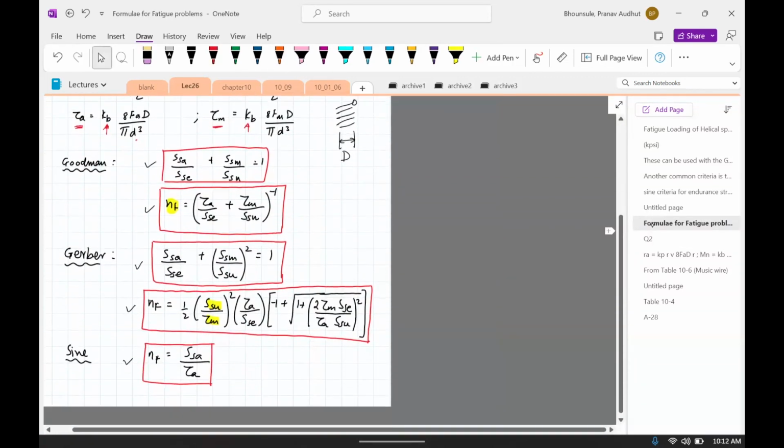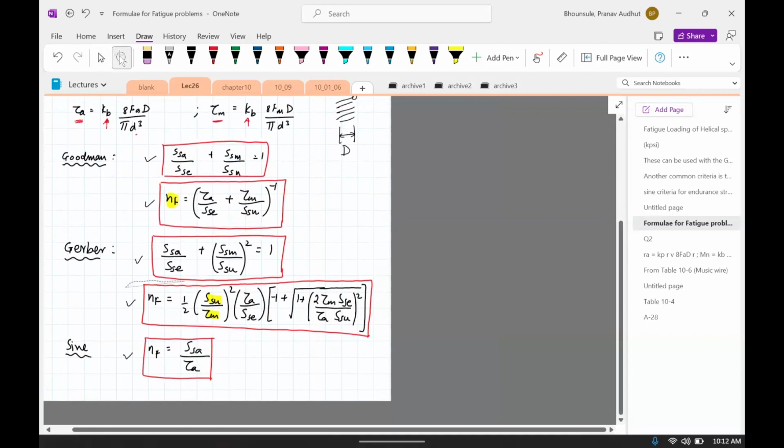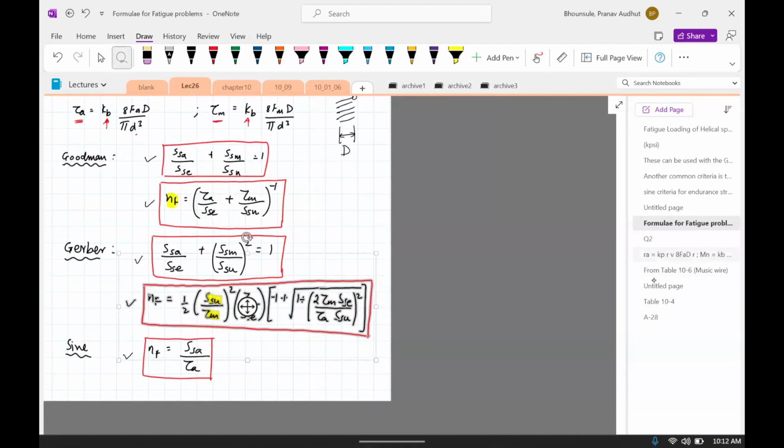So the formula we need to use is right here. Let's copy this.